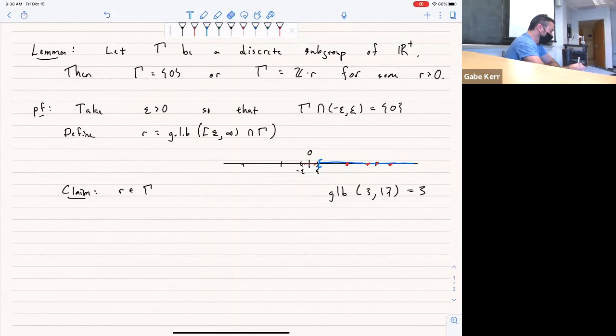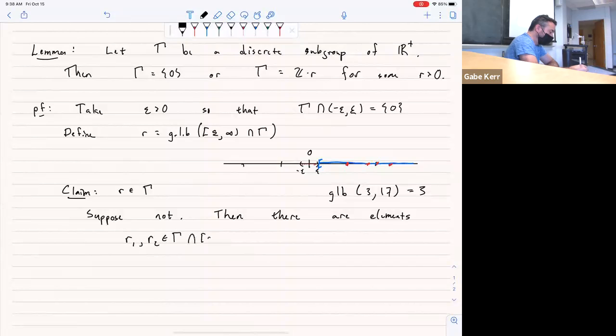Well, suppose not. I claim there are at least 2 elements, say R1, R2, in gamma intersect this positive, this big, such that, well, R is the greatest lower bound, but it's a lower bound.